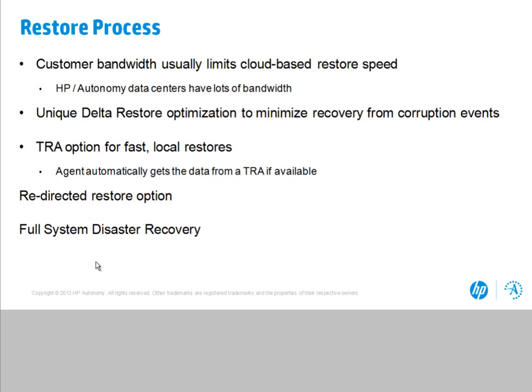Well, with LiveVault, you can redirect data that had backed up from one server onto a different server. And LiveVault, finally, I want to mention, is fully capable of doing complete system disaster recoveries. It is capable of backing up the entire operating system, the registry, the system state, and in fact restoring that onto newer or different hardware than the hardware that might have failed.